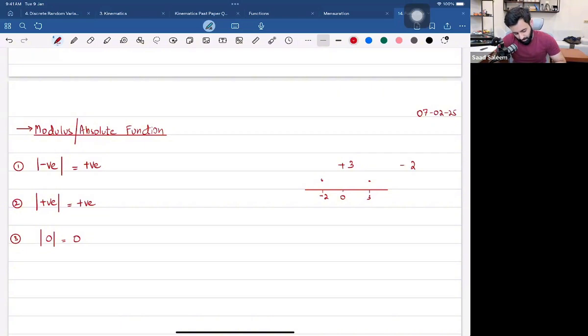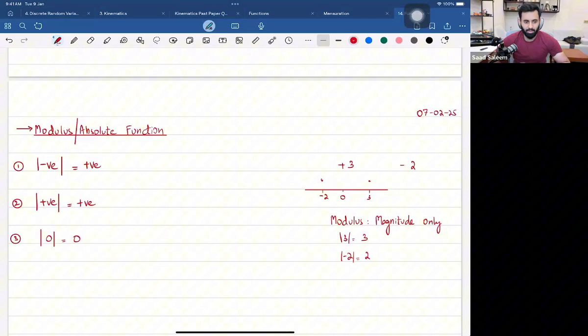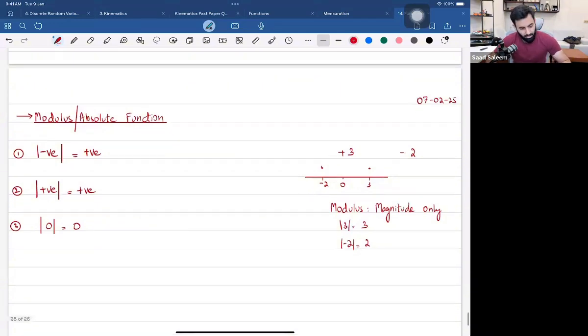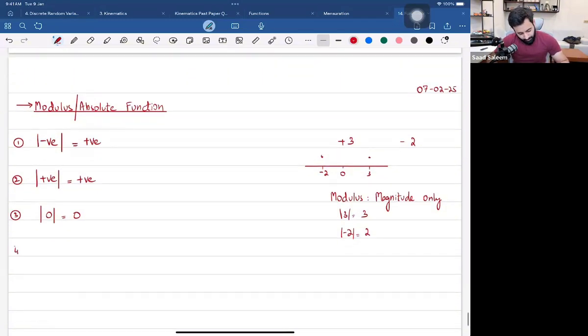But when we take modulus, it means you're only interested in the magnitude, not in the direction. Which is why when you take modulus of 3, you get 3. When you take modulus of minus 2, you get 2. Basically, that means you're only interested in the distance from the starting point, not the direction. That's what it means. So, like I said, if you take modulus of minus 3, what you will get is positive 3.